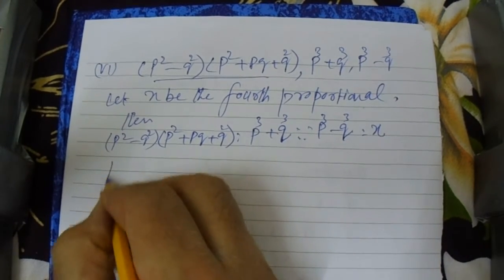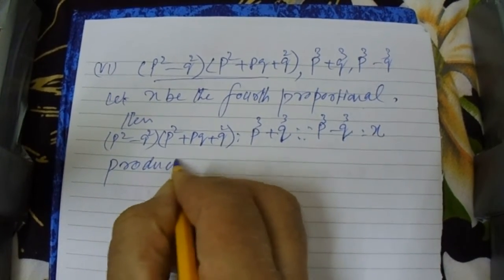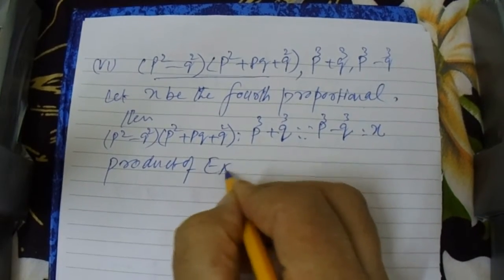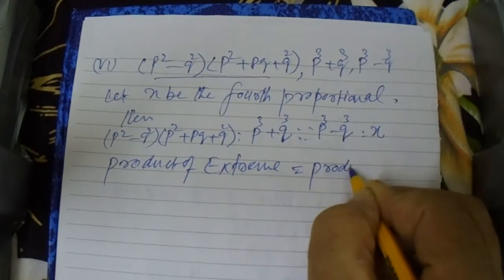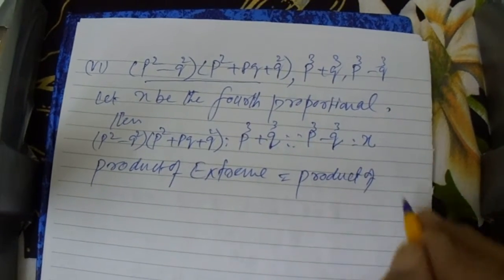Now write here product of extremes is equal to product of means.